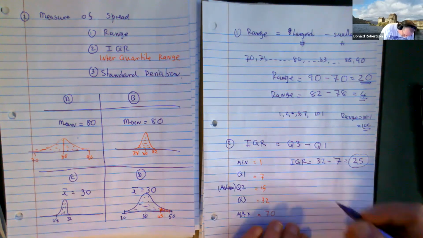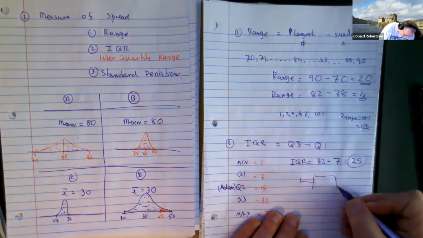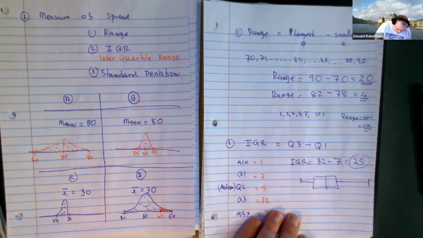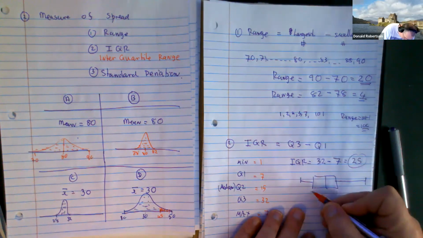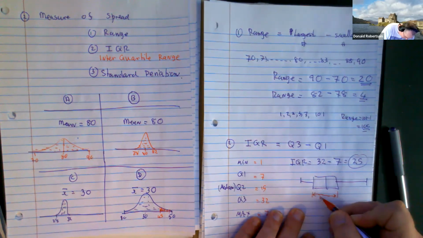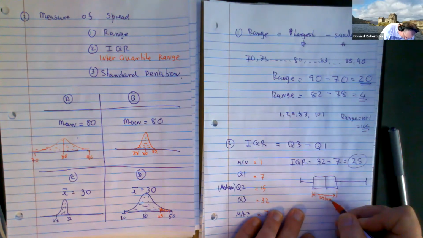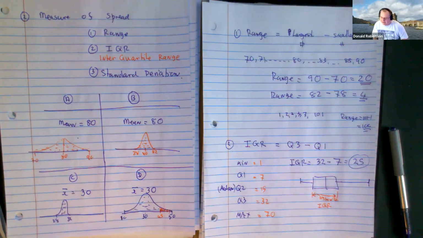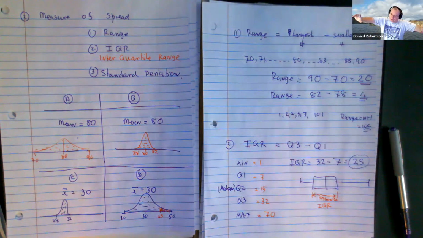Now, remember those little box plots that we just touched on that looked like that? If you want to know what the interquartile range is, the interquartile range is that distance there. It's how big the box in the middle is. If that box is really big, won't the interquartile range be a big number?